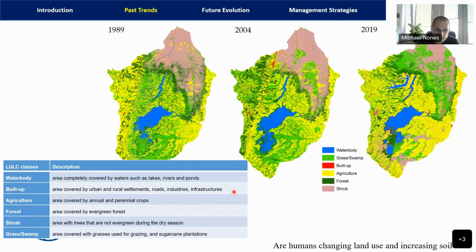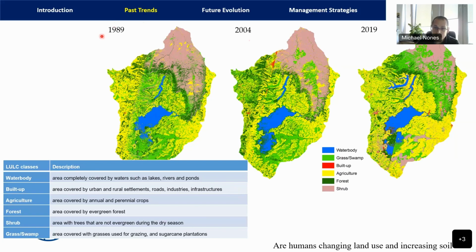In this case, what is reported is the classification in terms of 6 land use classes. It spans from water body, which is the blue part, to forest and grass. So dark green is forest and light green is grass, built up areas are red, and shrubs is this part in the northern part, while the yellow part is the agricultural field.